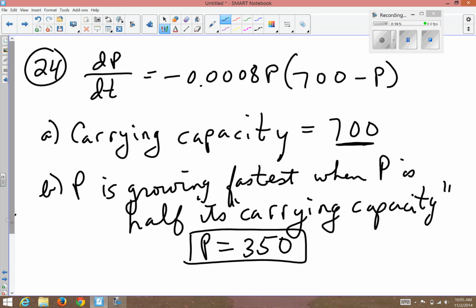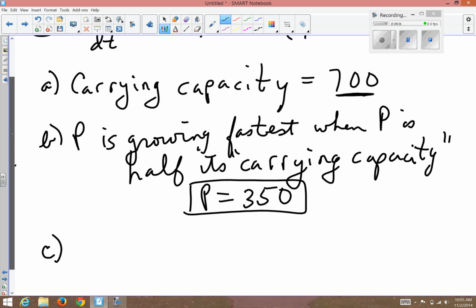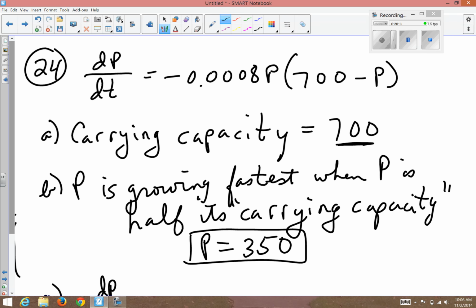And part C, the rate at which the population is growing when it is growing the fastest. The differential equation is the rate. The rate at which the population is growing is given. And there's no negative here.